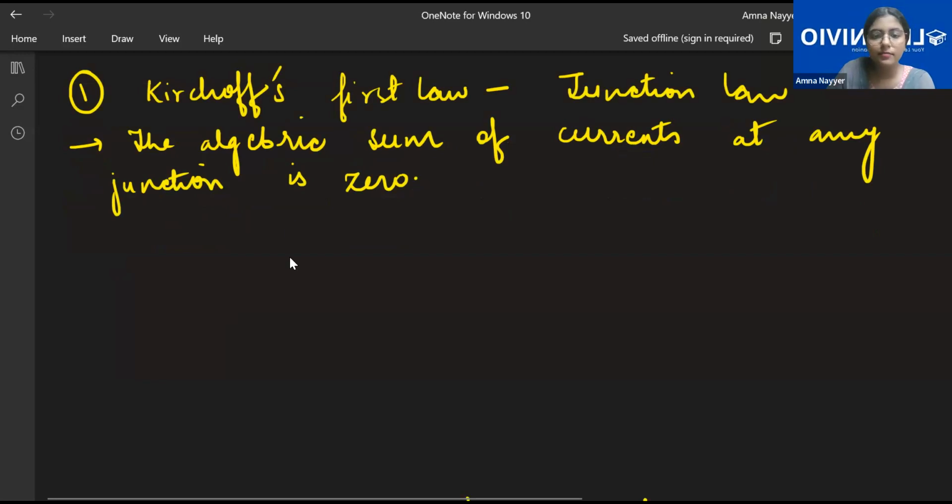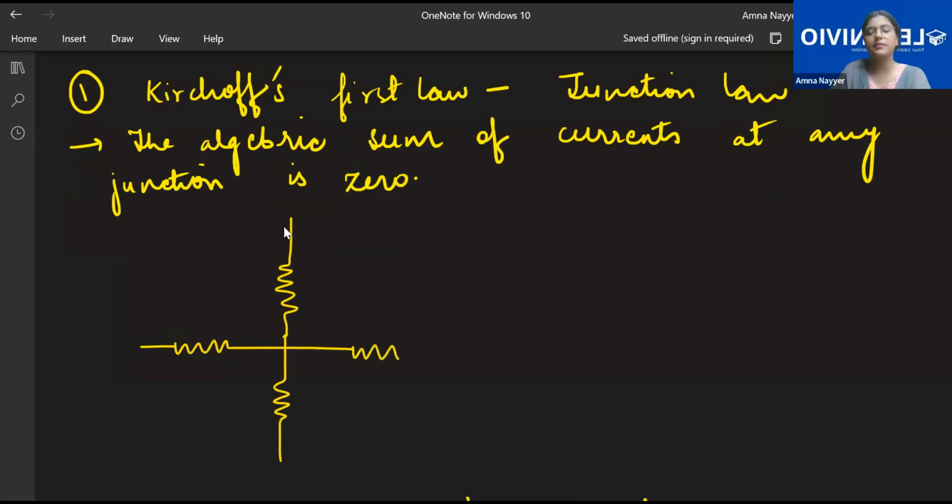Let's say this is a resistor here, this is another resistor, this is another resistor. Let's say some amount of current I1 has been here. This is I2. This is I3. And this is I4. This is how the current is traveling.